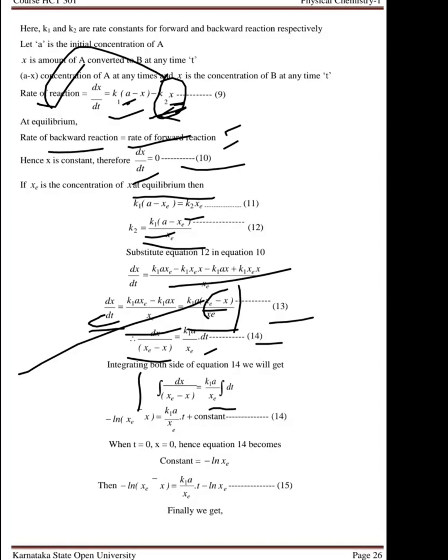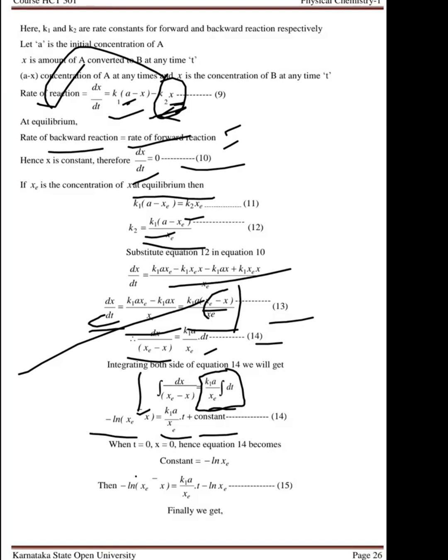So we get minus ln of (xe minus x) equals K1 a divided by xe into t plus a constant.